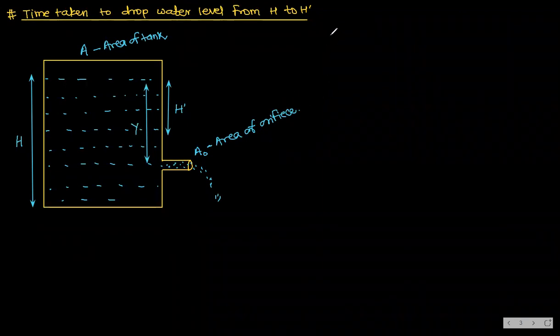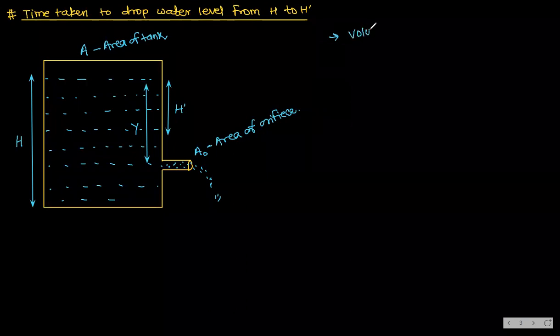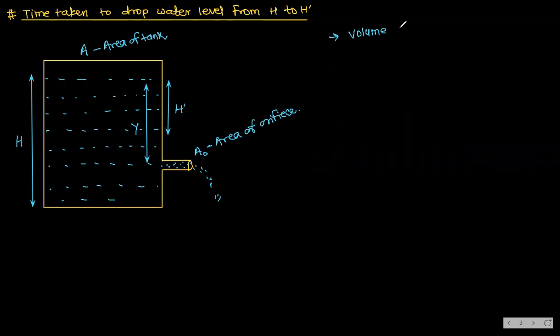Now, volume flowing, or volume of liquid coming out through the orifice per second, we will keep dV by dt only. dV, this is volume.